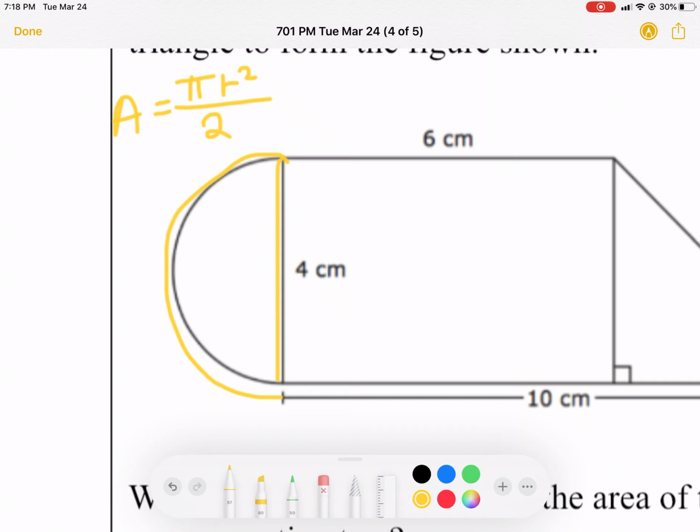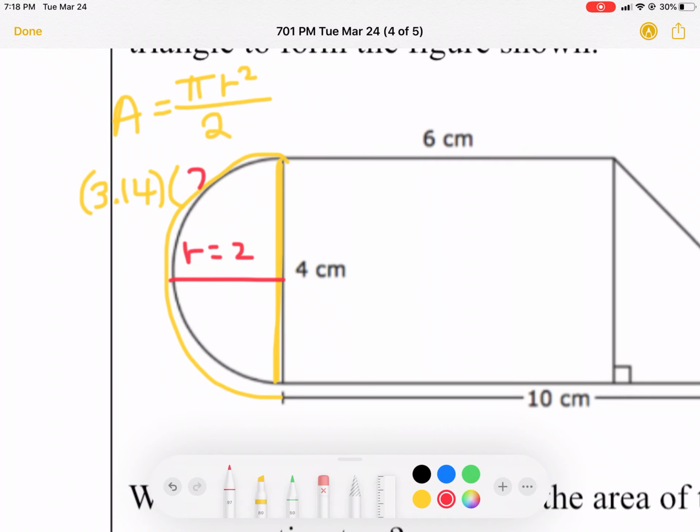Okay, so you guys all know that pi represents 3.14. I need to find the radius, since this will be the diameter, because it will look like this if we had a complete circle.